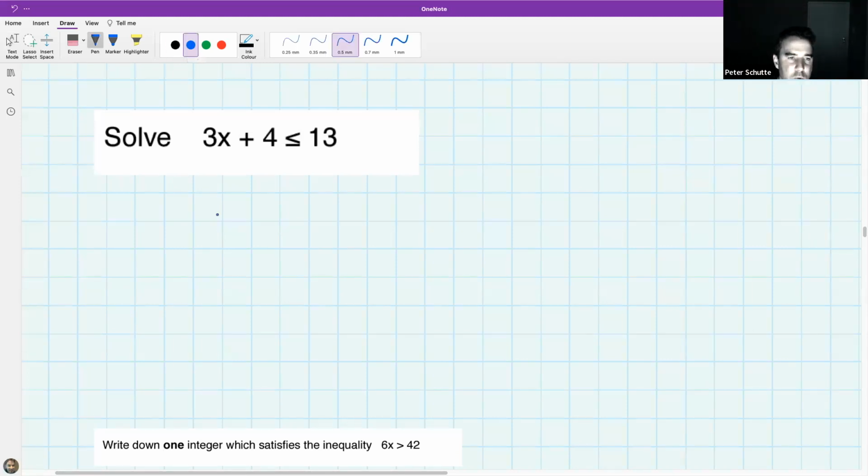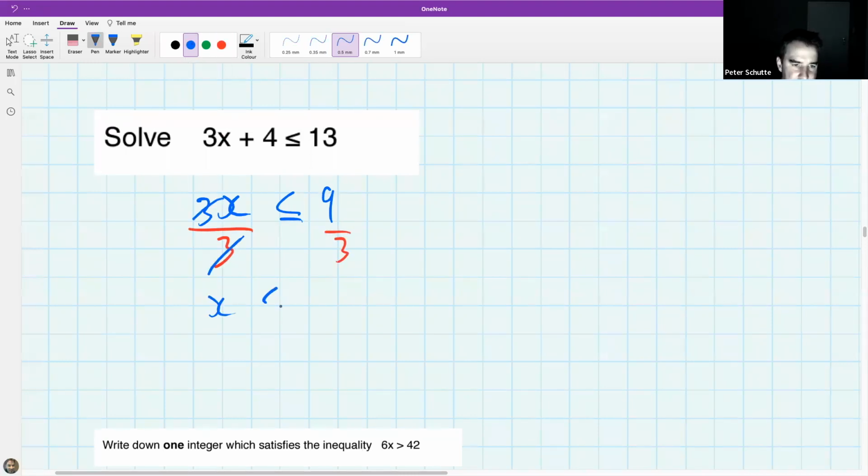So with this one, if I take away 4 from both sides, I'm going to get 9. If I divide both sides by 3, I get x is less than or equal to 3.